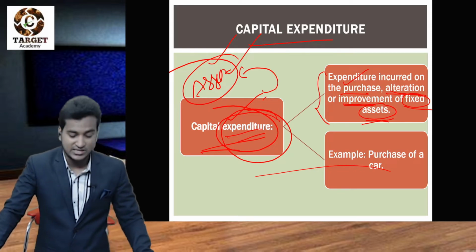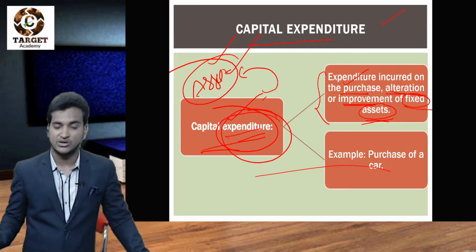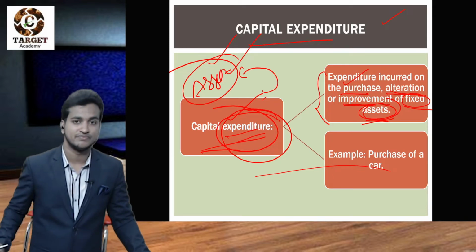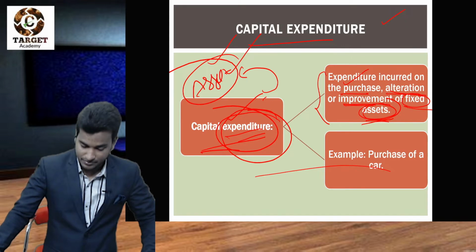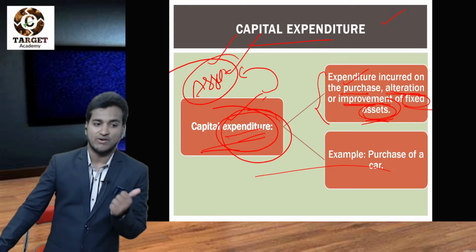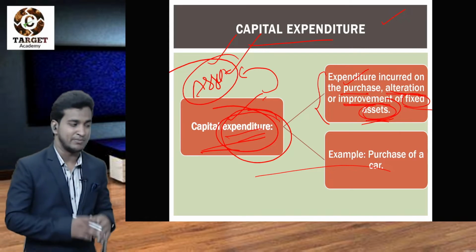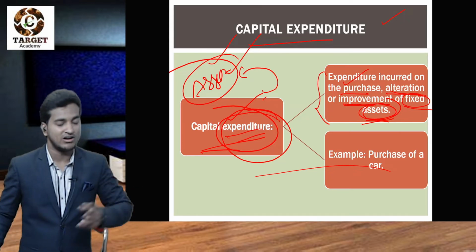These three expenditures are called capital expenditure, not revenue expenditure, because they are related to the asset only. Examples: purchase of land, building, car, machinery, all these are examples of capital expenditure, because we are purchasing an asset or altering an asset or improving an asset.